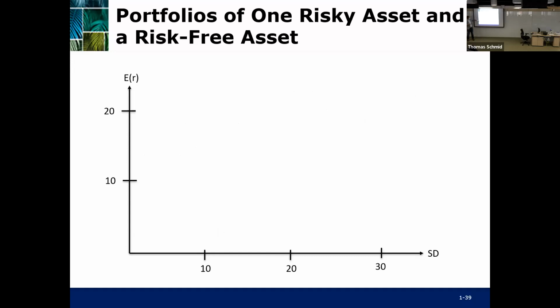This risk, expected return space. Okay? We have one asset. The first asset, F, the risk-free asset, gives us a certain expected return for zero risk. Okay? We have the risky asset. The risky asset gives us another expected return for a certain level of risk. Okay? So what you can already see is that, remember we said risk-averse investors are only willing to consider risky assets if the risk premium is positive, right?